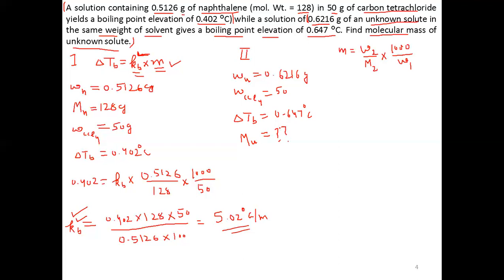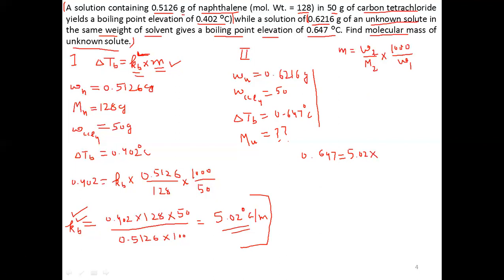What we will do? We will apply again delta TB is equal to Kb into m to this data. Delta TB is 0.647, equal to Kb, which we have calculated, 5.02, into molality.